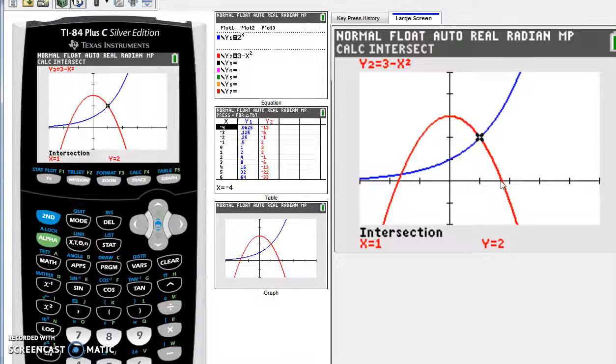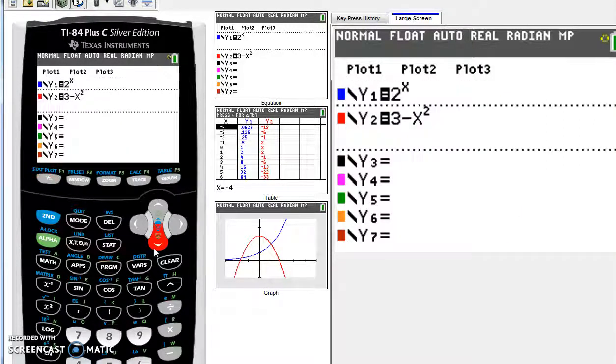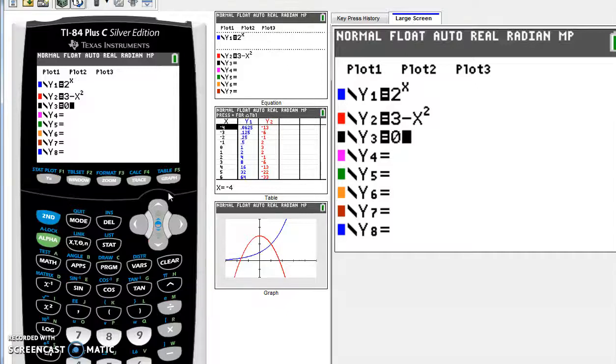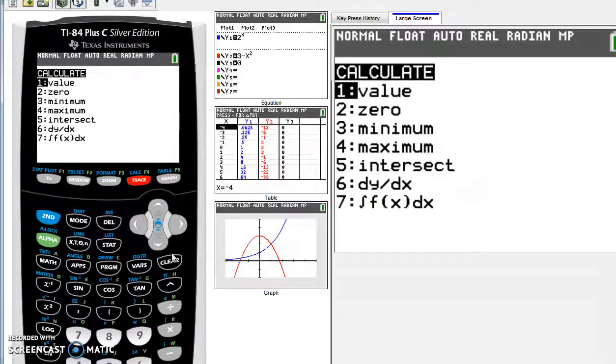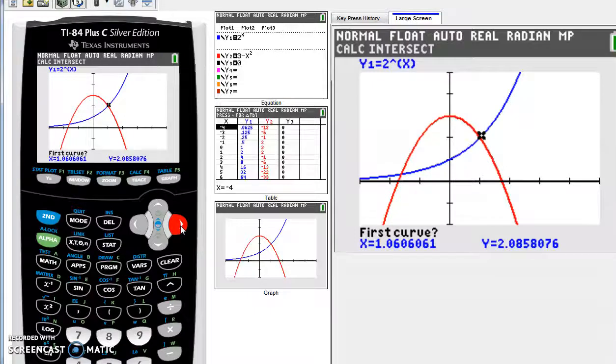Now, to find the x-intercept, you might find it easiest if you graph the line y equals 0. So y3, y equals 0, hit graph. Now you have a line that's running along the x-axis, and you are going to hit intersect again. So you're going to find this intersection now. Go to second, calculate, 5, and now you're going to move your cursor.